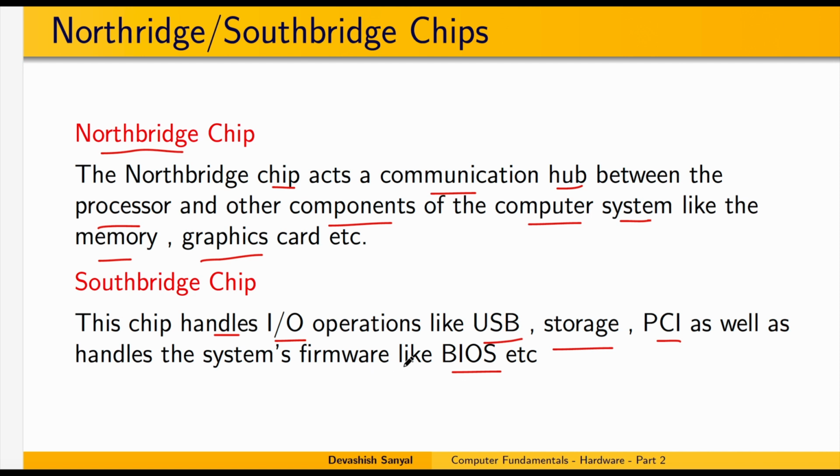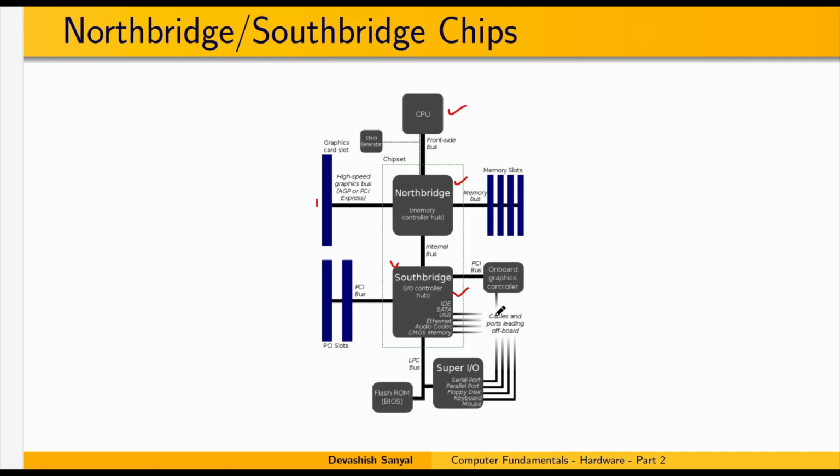The North Bridge handles fast operations, and the South Bridge chip handles operations which are comparatively slower. So it handles slow operations like USB, storage, PCI. PCI is where the sound card or Ethernet card may be. This is the graphics controller.